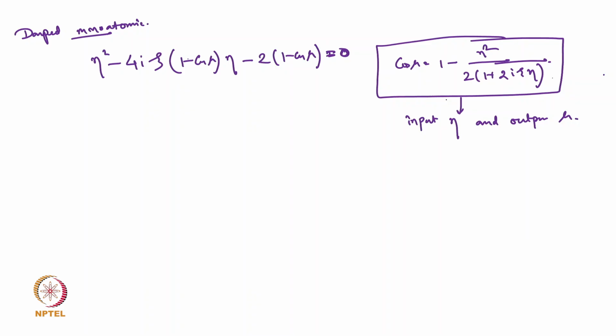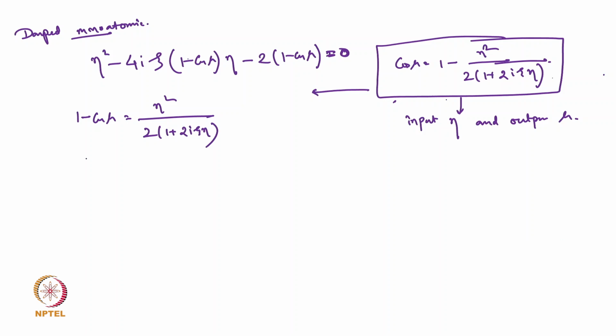Eta should be on the left-hand side, or we can write the equation as a polynomial of eta. So this equation can be rewritten: first, 1 minus cos mu equals eta square divided by 2 times (1 plus 2i zeta eta).